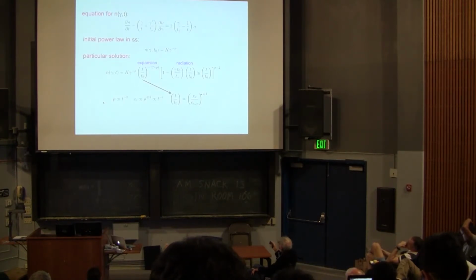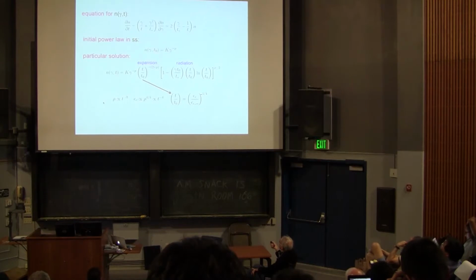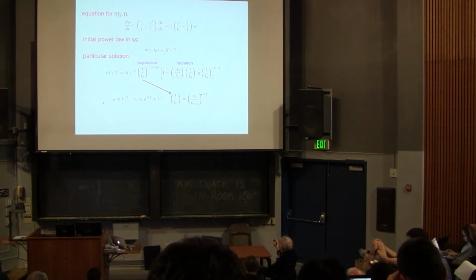So the solution of this equation, now written in a different way, initially satisfies at time t equals 0 a power law, okay, is this expression. And it consists of two terms, an expansion term and a radiation term.